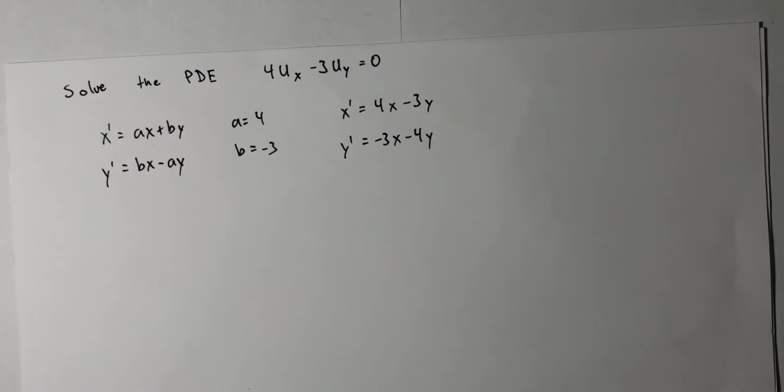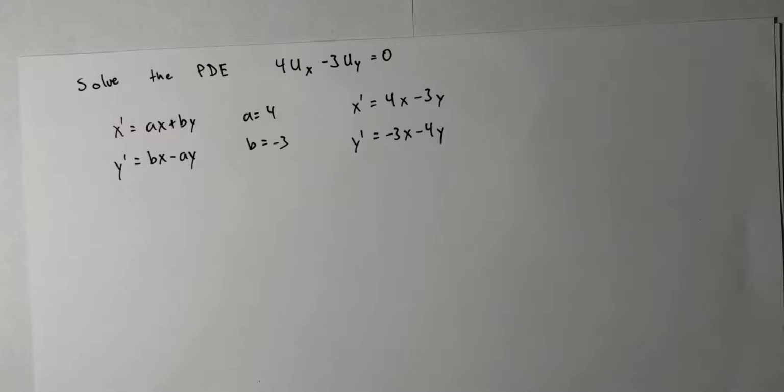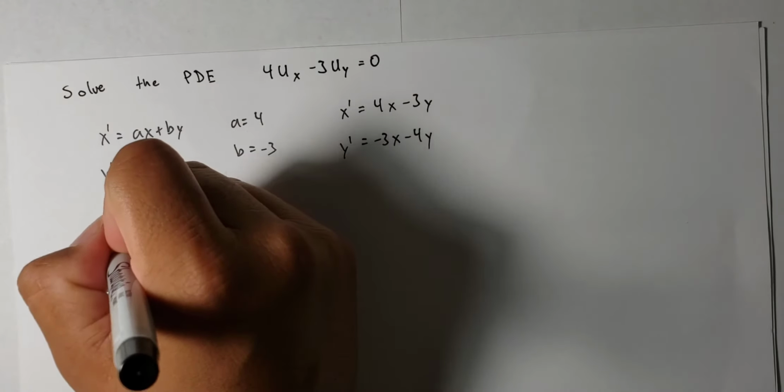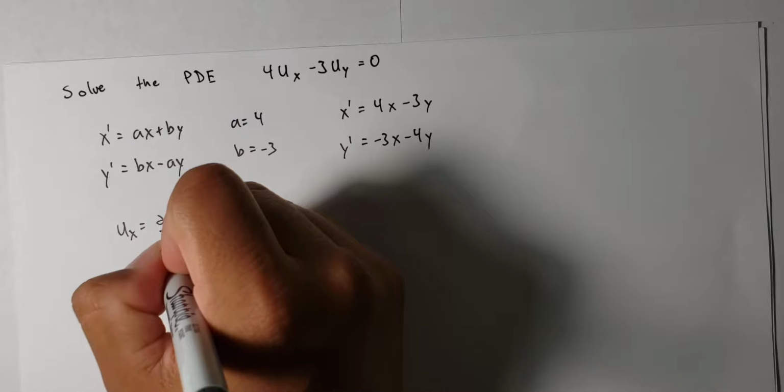So far so good. Now we need to change our partial derivatives from u of x and u of y to u of x prime and u of y prime. So let's first find those. We know that u of x is equal to partial u, partial x.